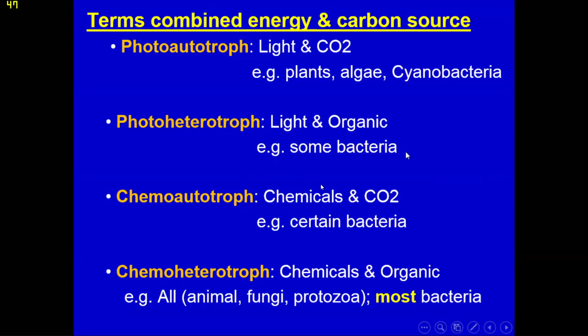Some bacteria are photoheterotrophs. Chemoautotrophs: chemo means chemicals, auto means CO2; certain bacteria. Now we have chemoheterotrophs: chemicals, and organic material. All animal cells, human cells, are chemoheterotrophs, as are fungi, protozoa, and most bacteria.